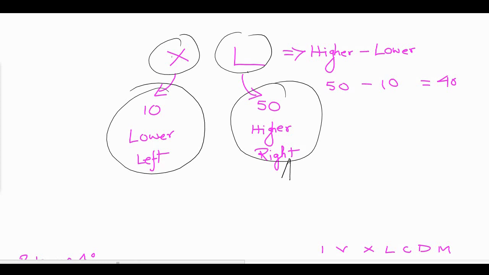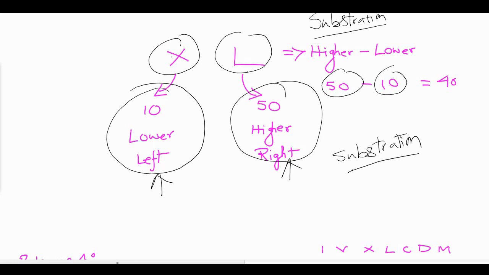Here the lower one is situated at the left of the higher one. That means we have to go to the subtraction rule: 50 minus 10, that is 40.